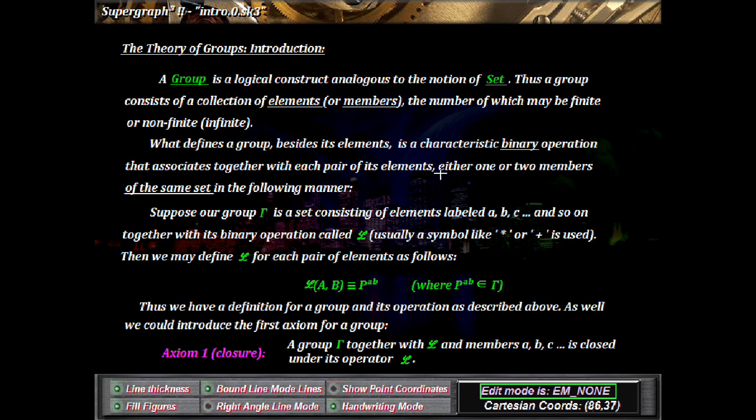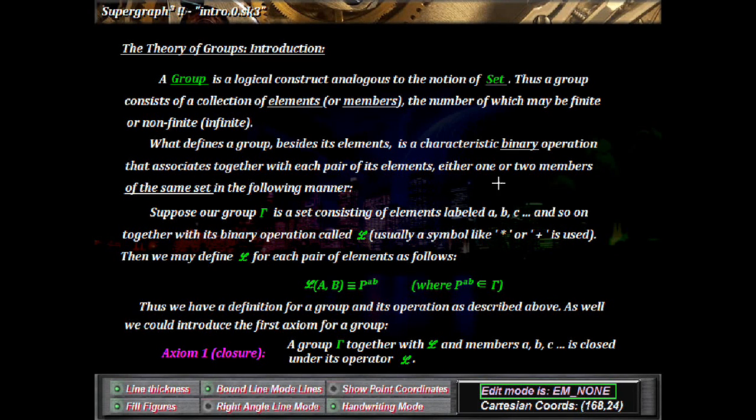even if a group has one element, you can imagine pairing that single element up with itself. So this is not a restriction. A group must contain at least one element, because we need at least one, and we can imagine pairing the same element up with itself.